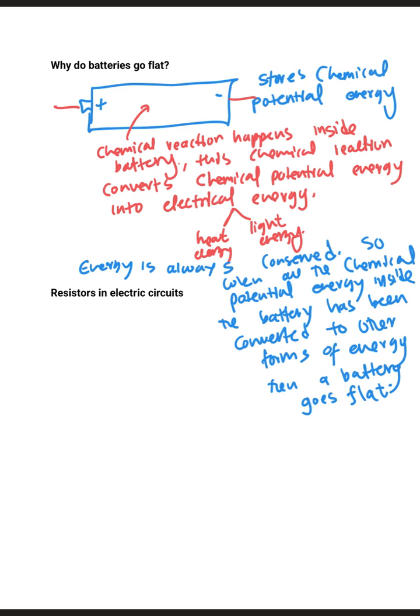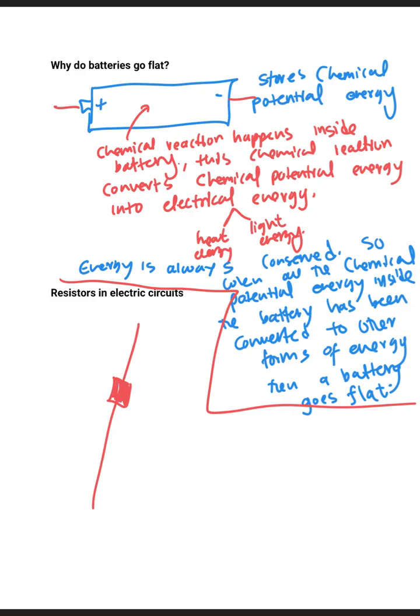So now, resistors in electrical circuits. It is important to understand the effect of adding resistors to a circuit on the total resistance of the circuit and on the current that can flow, right? So we need to understand what happens if I have a wire here. If this wire has only one resistor, I have situation 1.